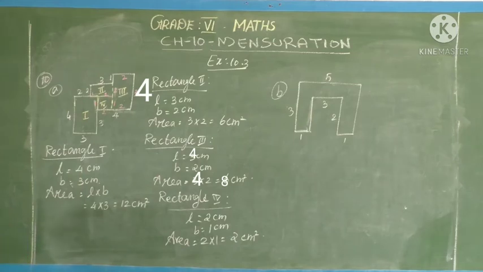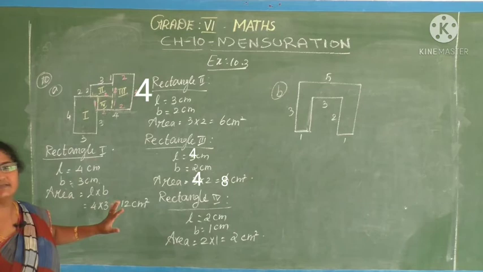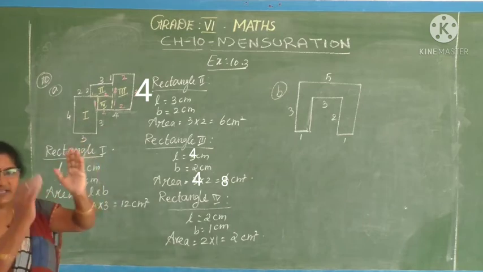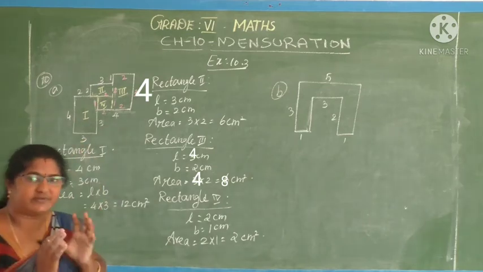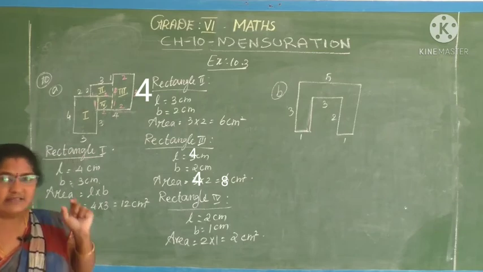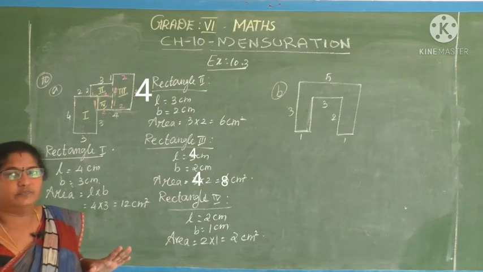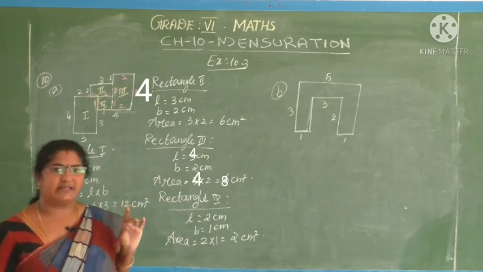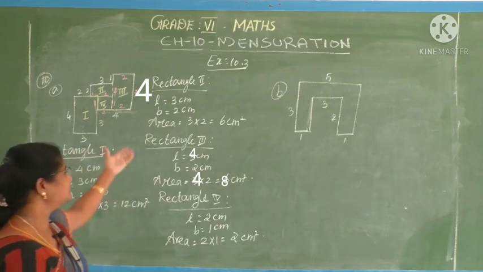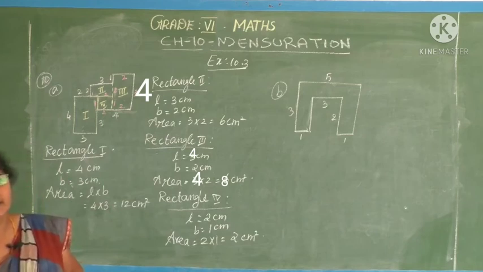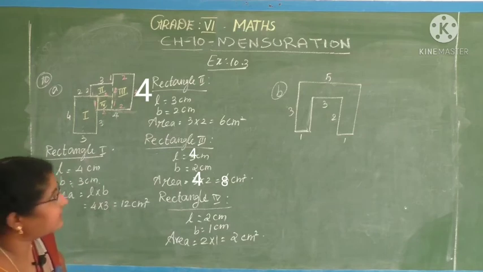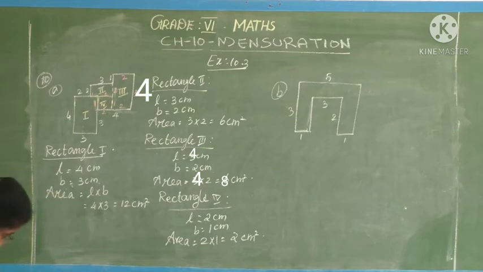Clear? So how did we find it? The work is only that we have to split into rectangles and get the measurements from the given measurements. Once you get the length and the breadth of each rectangle, you can easily find out the area of the rectangles. Likewise, we can do this big problem.